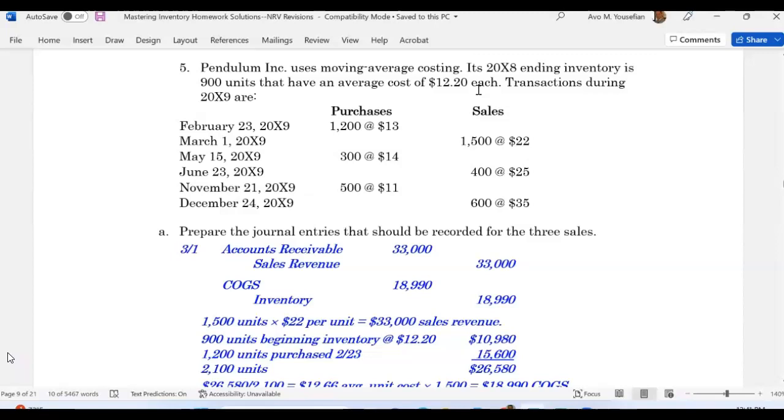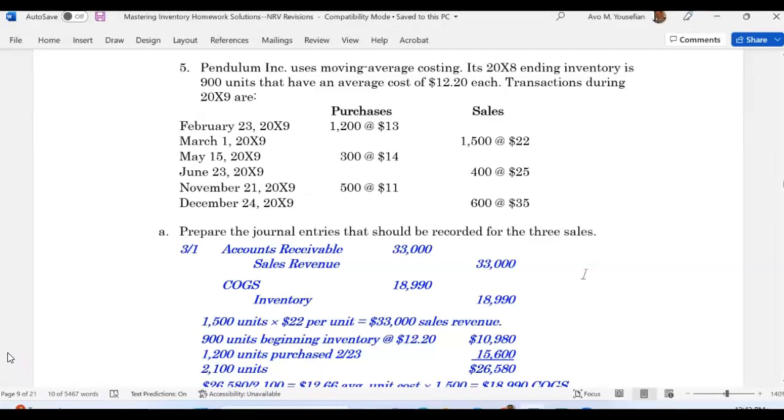Okay, so we know what is the starting inventory on January 1st of 2019. Transactions during 2019 are as follows. So we purchased few times, we sold few times, and it says prepare the journal entries that should be recorded for 3 sales. Remember, it's perpetual.